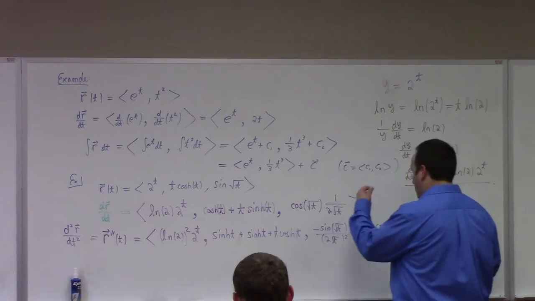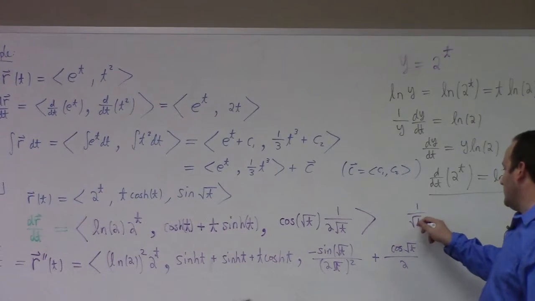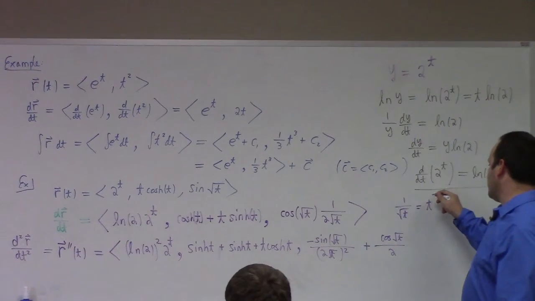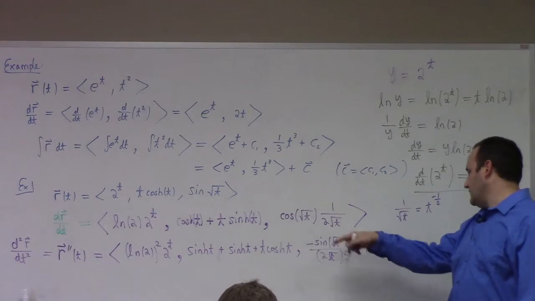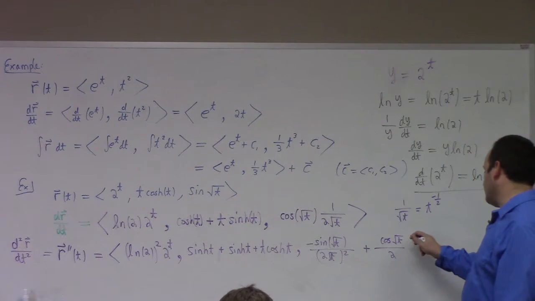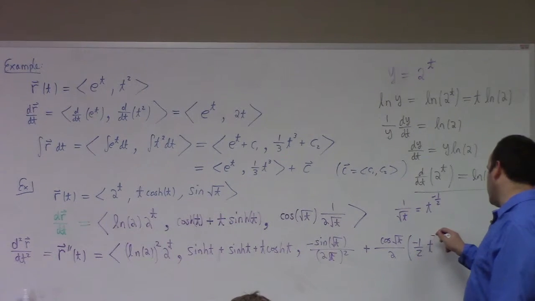And then I have to differentiate 1 over the square root of t. 1 over the square root of t is what? 1 over the square root of t is t to the minus 1/2, right? So if I differentiate this thing, I've got minus 1/2 t to the minus 3/2.